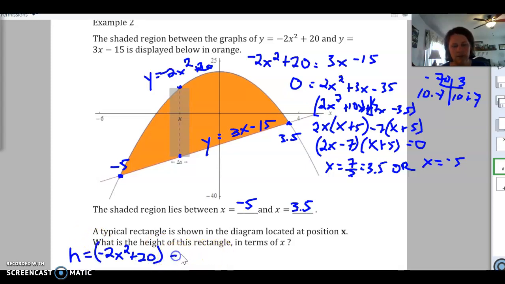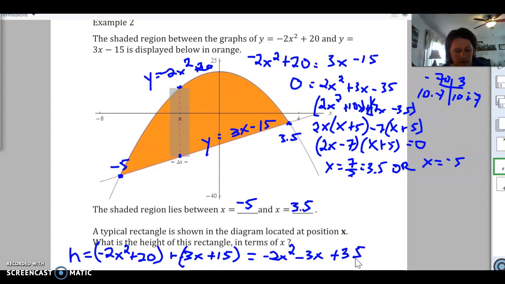I'm going to put parentheses around it so we keep track of which equations are which. The 3x minus 15 is the lower equation. So now go ahead and distribute through that negative. All right, now we can combine like terms. So our height becomes negative 2x squared minus 3x plus 35.